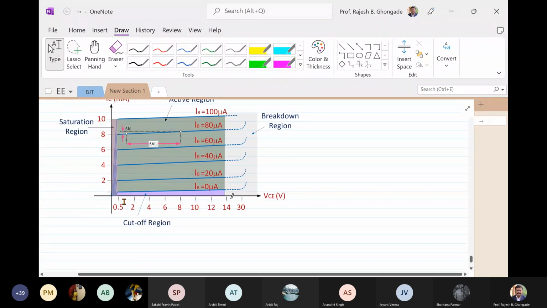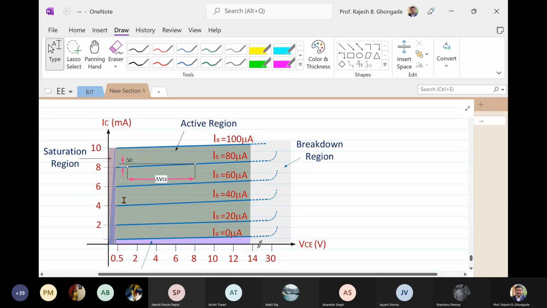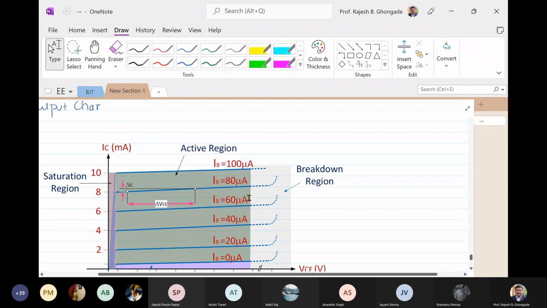So are the characteristics visible to you? Yes, sir. So what is it? Basically, which parameter versus which parameter? Sir, collector current versus VCE. Yes.